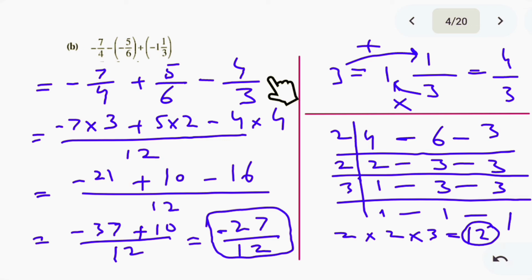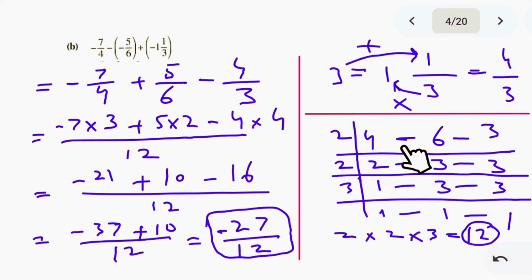So 4 over 3 is written in place of minus 1 1/3. And after that we have to find the LCM of these three fractions' denominators, 4, 6 and 3. And how do we do it? By dividing them by numbers.